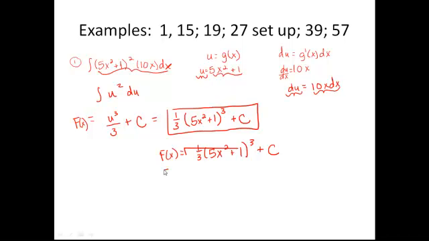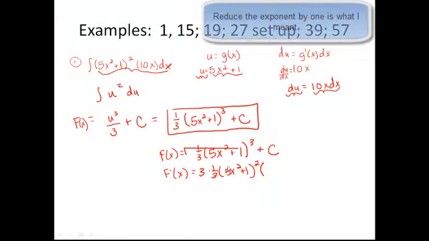So here I go. This would require the chain rule because I have a composition function. I'm going to have to bring down that 3, leave the inner one alone, reduce the exponent, and then multiply by the inner function derivative. So I'm going to get 3 times, reduce that outer degree by 1, and then I have to multiply the inner function's derivative.